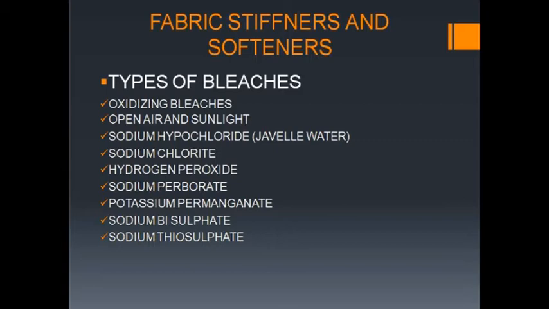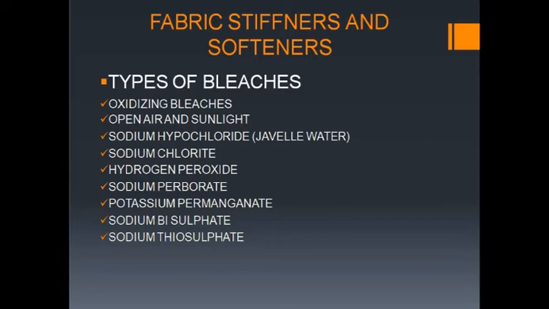Bleach is basically used for two main purposes. First, it is only used on white cloths or white linen, as it discolors the color. Secondly, it gives strength through oxidization. There are certain reasons we use bleach, and certain things added to the bleach give n number of properties to the fabric after washing.